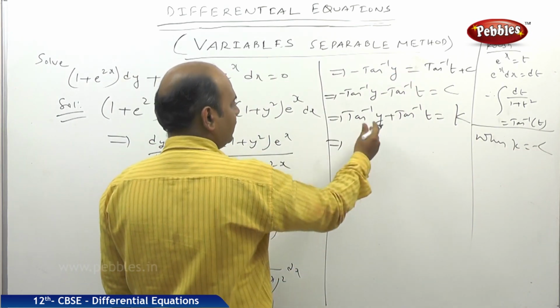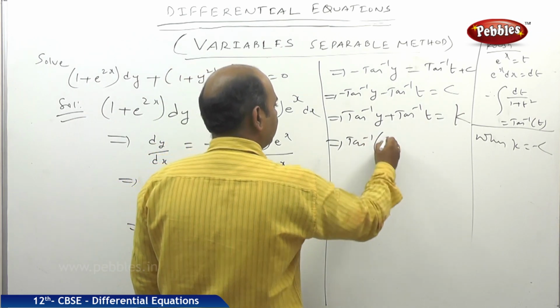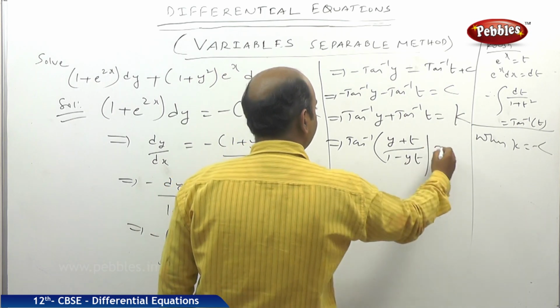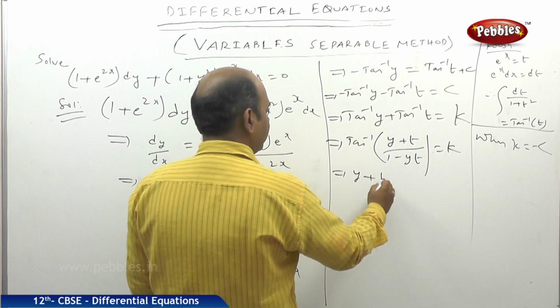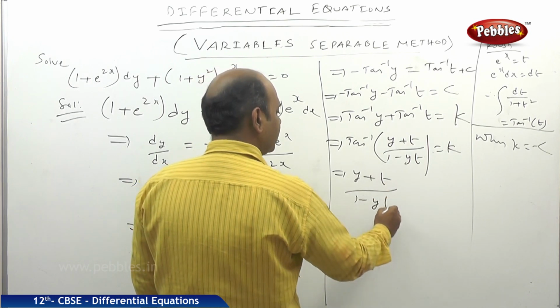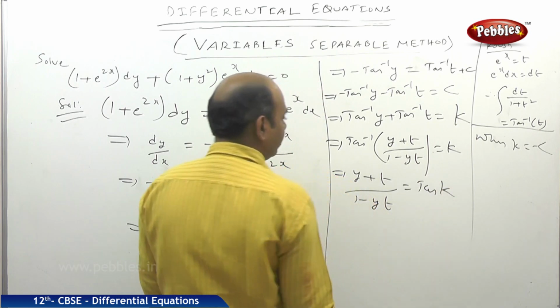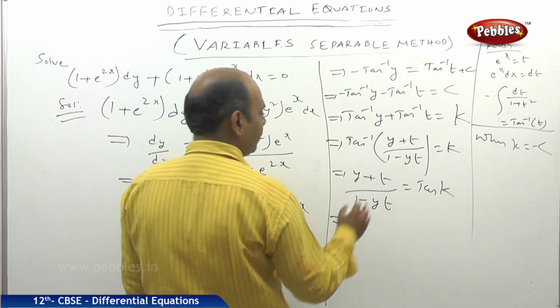So again tan inverse x plus tan inverse y gives tan inverse of y plus t by 1 minus yt equal to k. So y plus t by 1 minus yt is equal to tan k. But t is nothing but e power x for us.